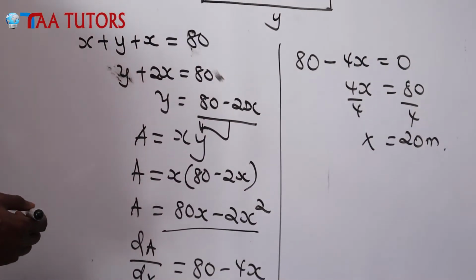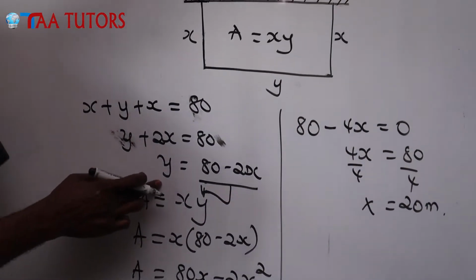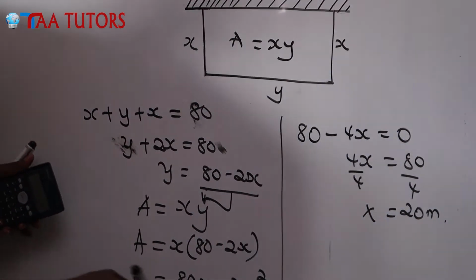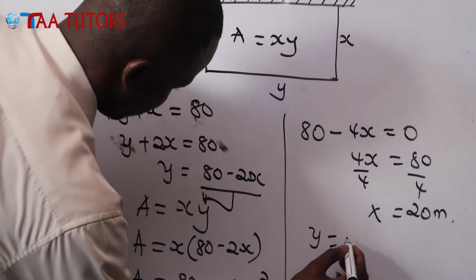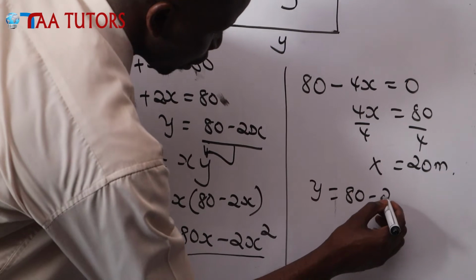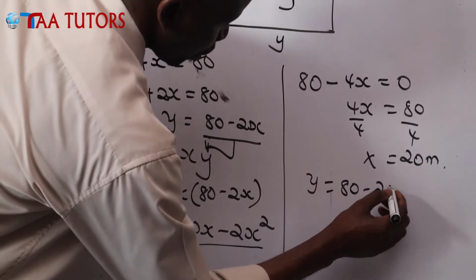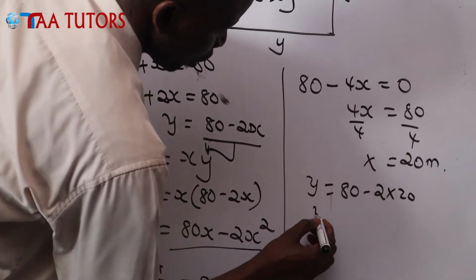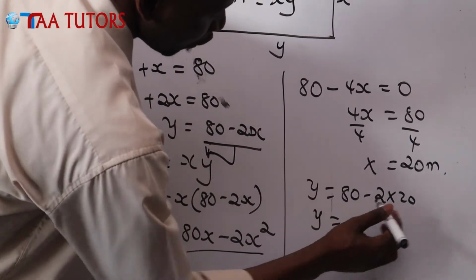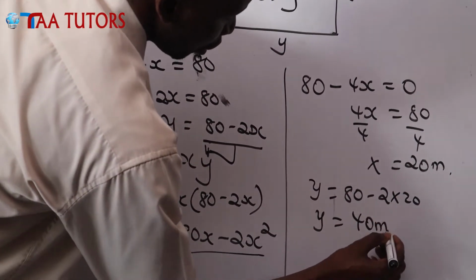So if the value of x is 20 meters, and y is 80 minus 2x, then y will be 80 minus 2 times 20, that is 80 minus 40, which is 40 meters.